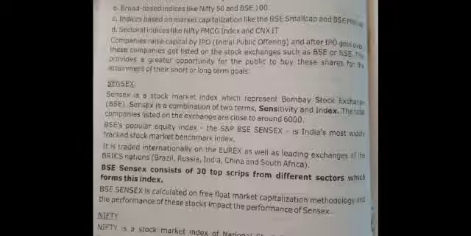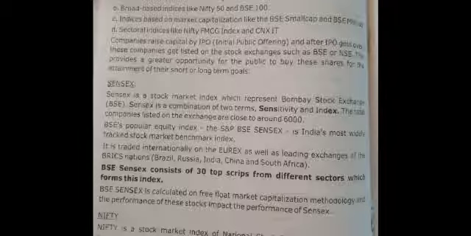The total number of companies listed on the exchange is close to around 6,000. So there are more than 6,000 companies listed here. BSE is a popular equity index, and the S&P BSE Sensex is India's most widely tracked stock market benchmark index.